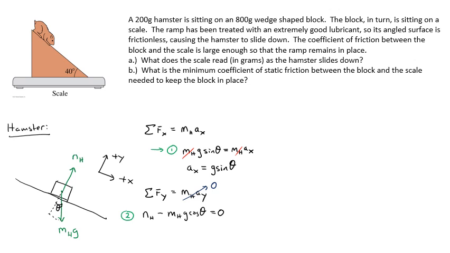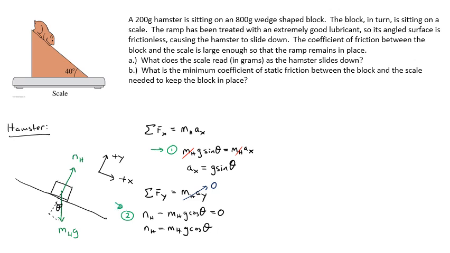And in the y direction, we've got the sum of the forces equals m a_y, but that's 0 because the hamster is not moving off of the ramp in the y direction. So the normal force has to balance the y component of gravity. So we have here N_H is equal to m_H g cosine of theta. Okay, so that's a pretty straightforward situation. We get those two equations, which I labeled 1 and 2.